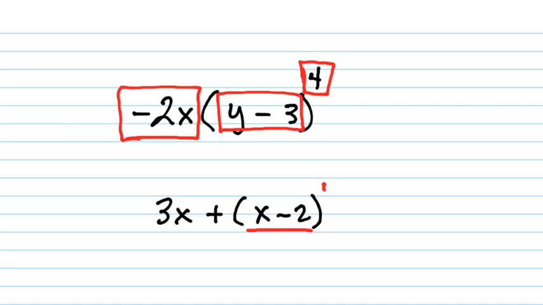And so, is 3x the coefficient here? 3x plus. It's x. This 3x has nothing to do with the bracket at all. Remember that a multiplier, the only way it can be a multiplier is if it's right against the bracket. Is that 3x touching the bracket? No. Then it's not the multiplier. So the multiplier is our imaginary 1 that we get if we don't have something in front.